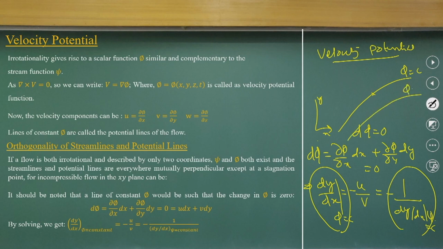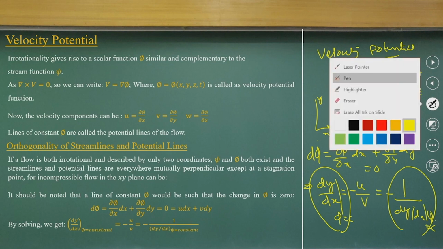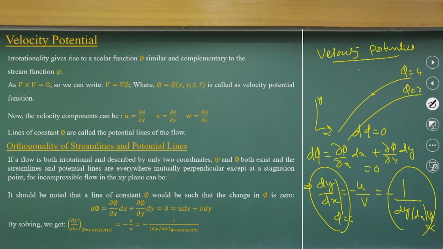If you have velocity potential lines phi equal to C1 and C2, the streamlines will be at 90 degrees to them. The streamlines will have psi equal to C3, psi equal to C4. That is the functional variability we get for streamlines and velocity potential functions.